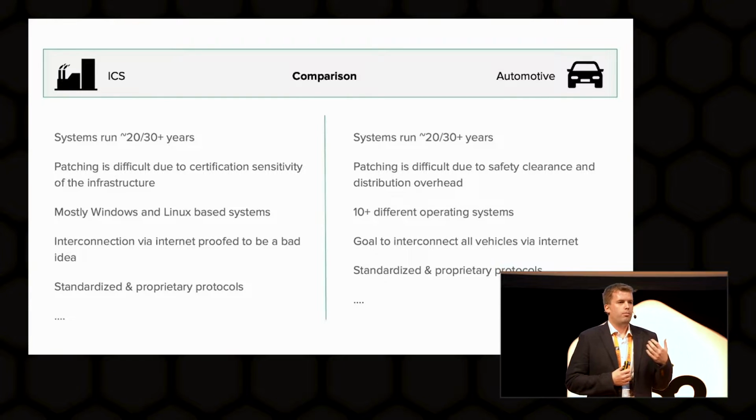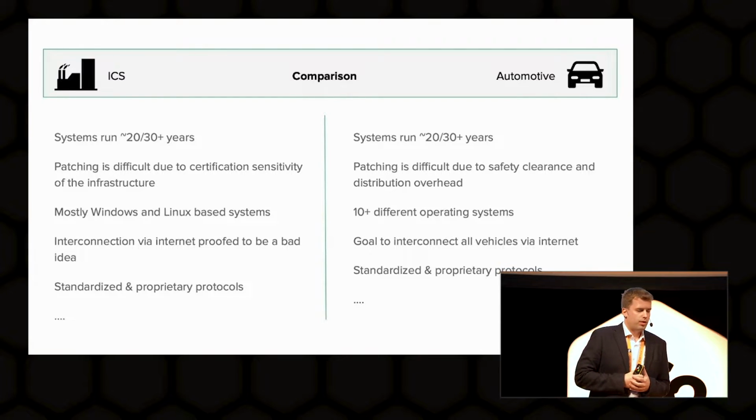So if you want to do updates or patching, you have to make sure that you get your certification. It's kind of the same in the automotive domain. If you change something in a safety function, you need certification and clearance. What's different is that in automotive, the distribution of updates and patching at the moment is mostly calling vehicles back into the service shop and doing updates, and that's kind of expensive.